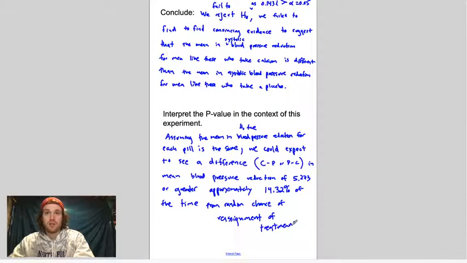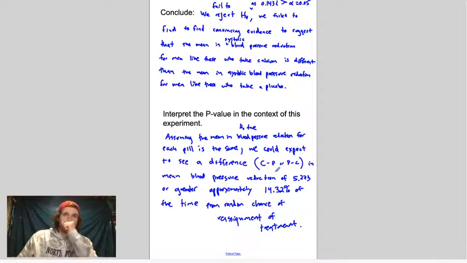Basically, if we were to repeat this experiment and we were to randomly shuffle the groups again, and we did that thousands and thousands of times, roughly 14.32% of the time, the random shuffling would cause us to get the results that we did based on our sample. Okay? That was probably the most complicated sentence we've written in this class. I don't want to end with this example, so we failed to reject. I'm glad I fixed that. We failed to reject H naught.